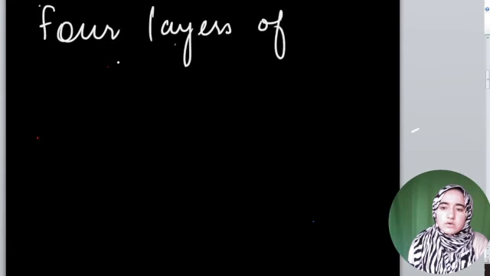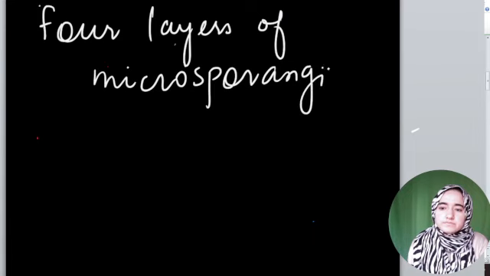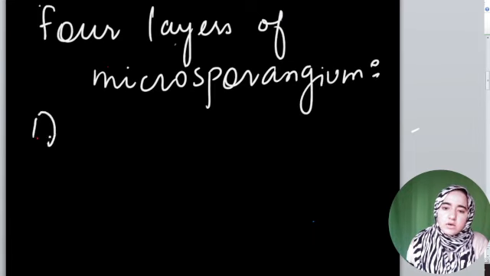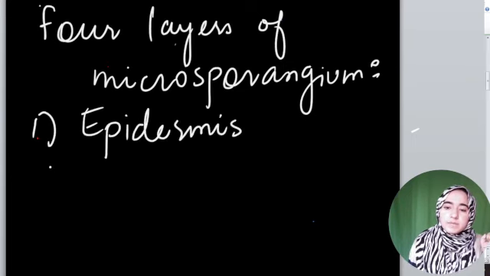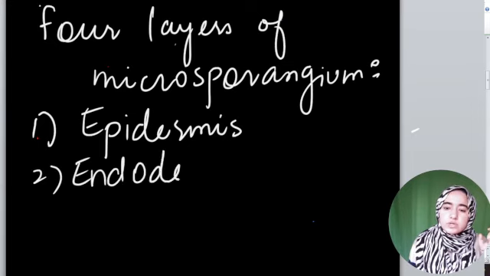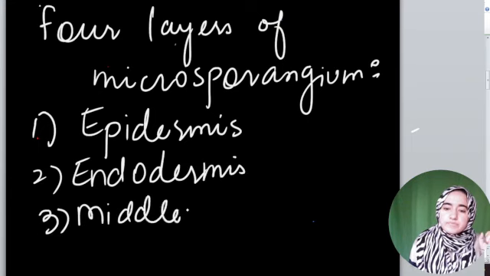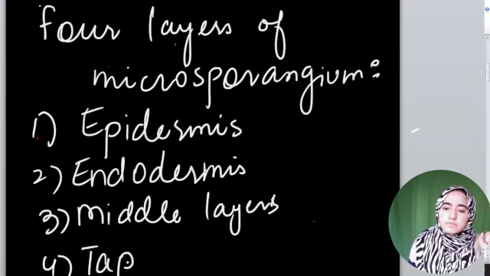We have four layers of the microsporangium. The first layer on its outside is known as epidermis, the outermost layer. Then followed by epidermis, we have endodermis. Then we have some layers known as middle layers, and finally we have one layer known as tapetum.